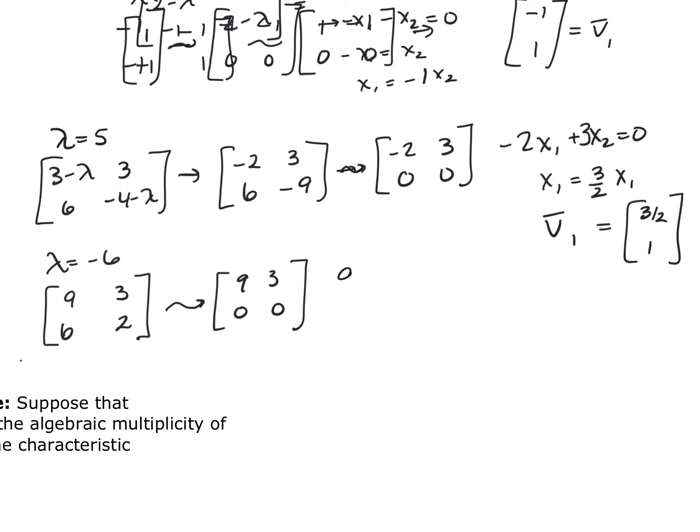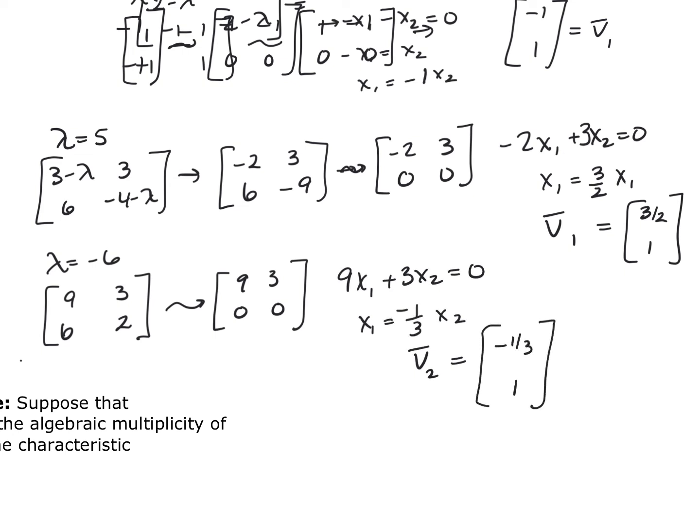So that tells me that 9x sub 1 plus 3x sub 2 is equal to 0. That means x sub 1 is equal to negative 1/3 x sub 2. So my second eigenvector, for the negative 6, is going to be negative 1/3 and 1.